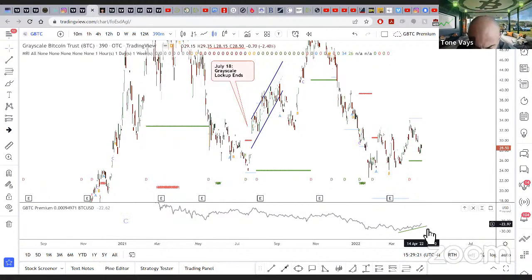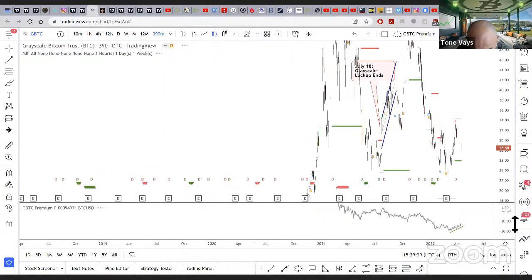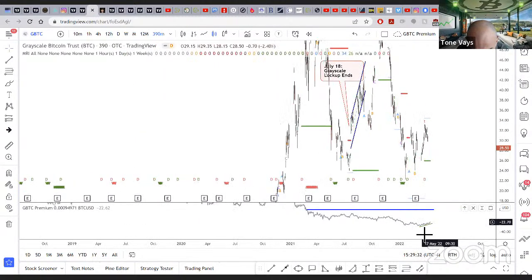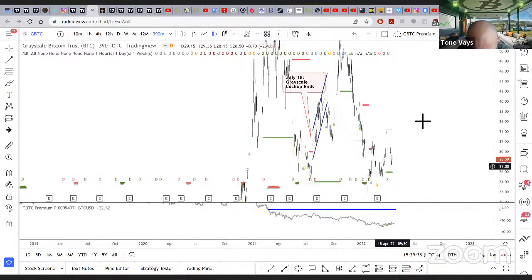People aren't selling GBTC shares as much as they're selling actual Bitcoin right now. I've been waiting for the GBTC premium to break above 0, and I think as the price starts to rise, this premium would start to disappear very, very quickly.